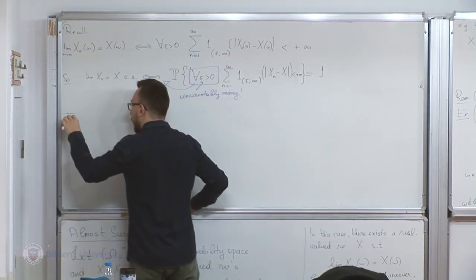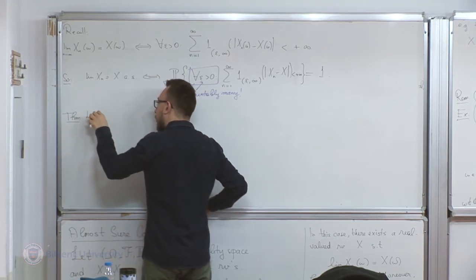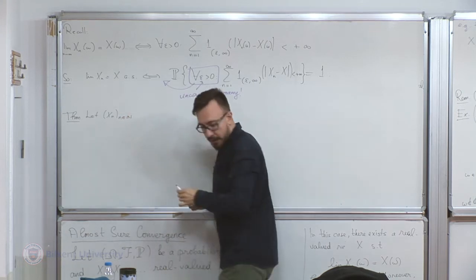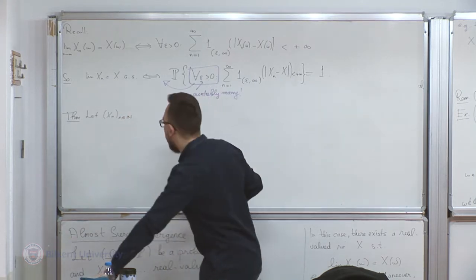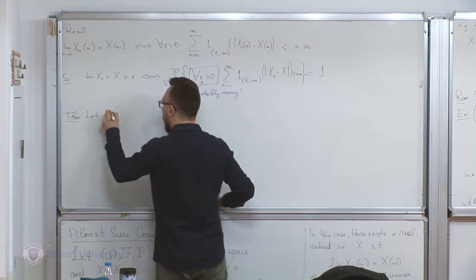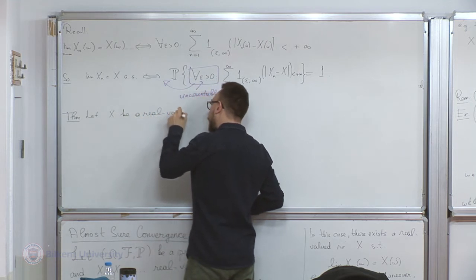Let's state it as a theorem. Let X_n be a sequence of real-valued random variables, and let X be a real-valued random variable.